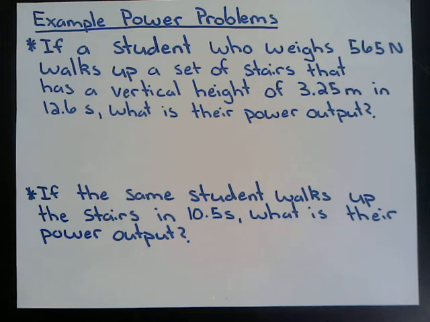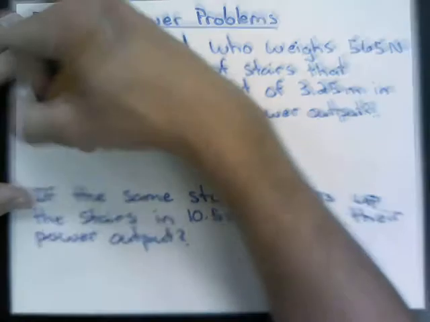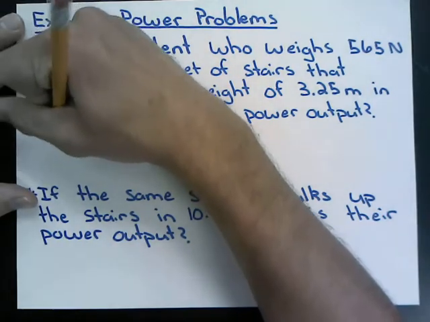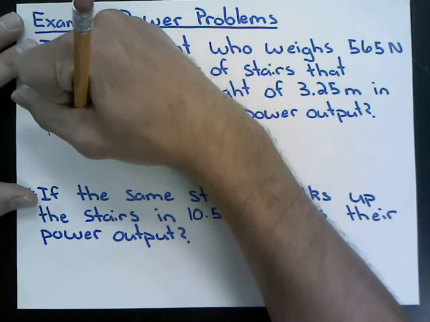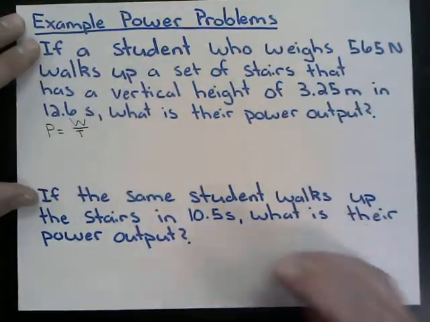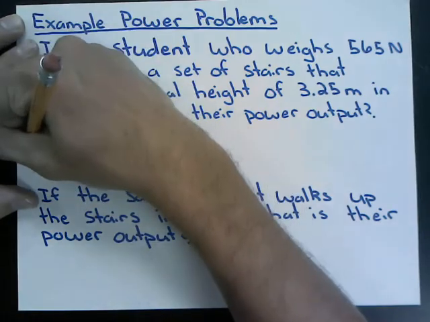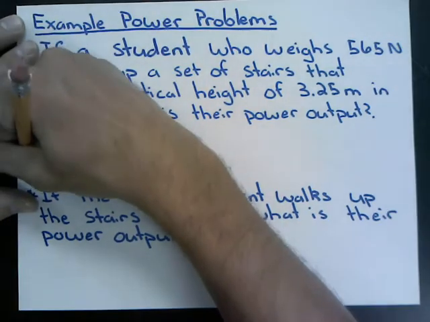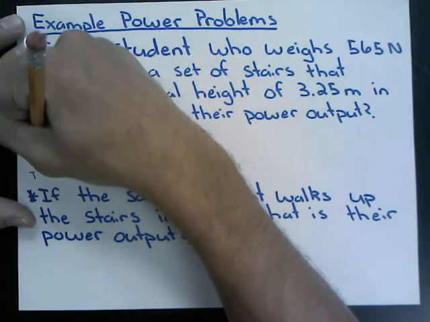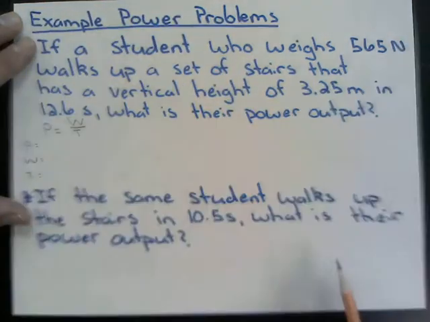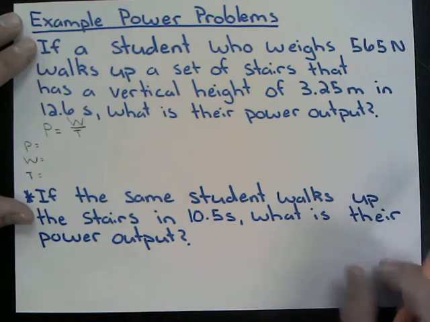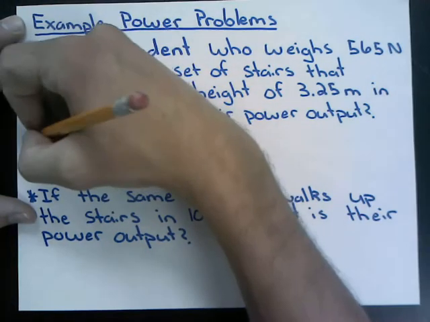So what we're going to do here, we're going to write down the formula for power. And remember, P equals W divided by T. So we just list out all our variables like we have been doing. So we list out P, W, and T. Now, ultimately, the question wants to know, well, what is the power output of that particular student?